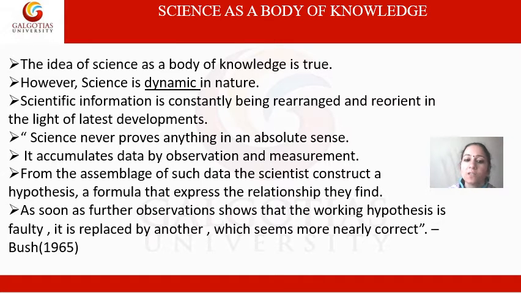It accumulates data by observation and measurement. From the assemblage of such data, the scientists construct a hypothesis, a formula that expresses the relationship they find. As soon as further observation shows that the working hypothesis fails, it is replaced by another, which seems more nearly correct.